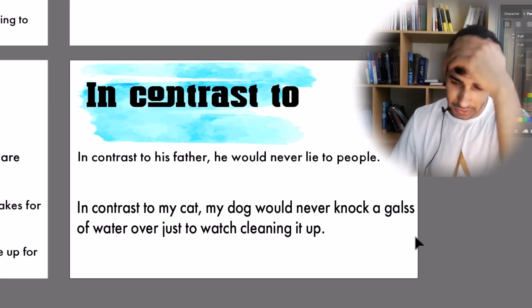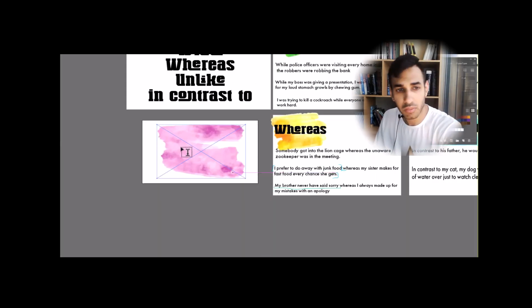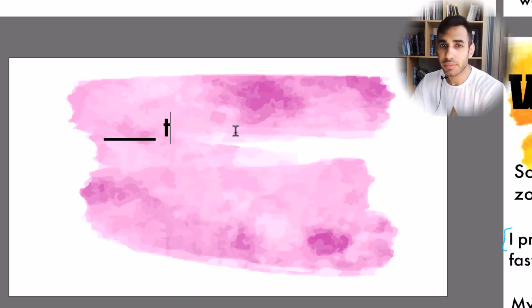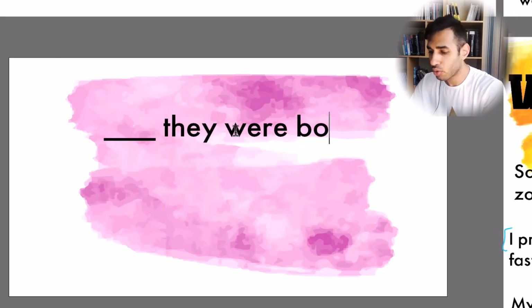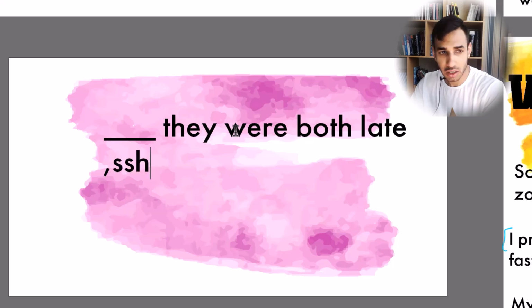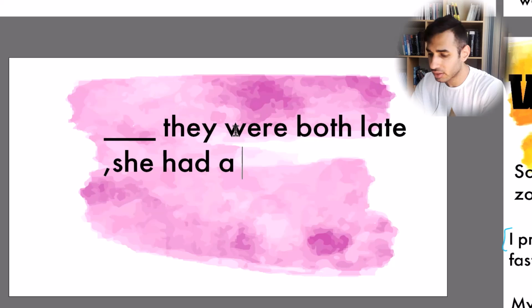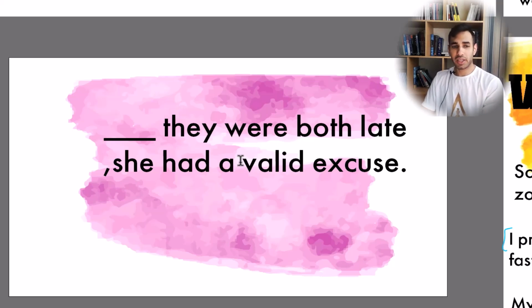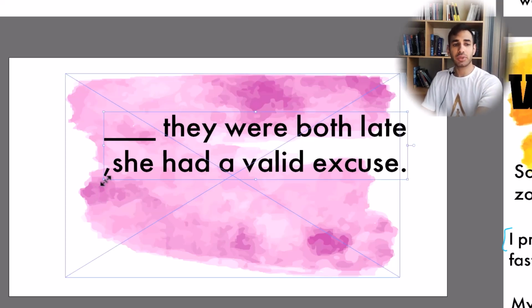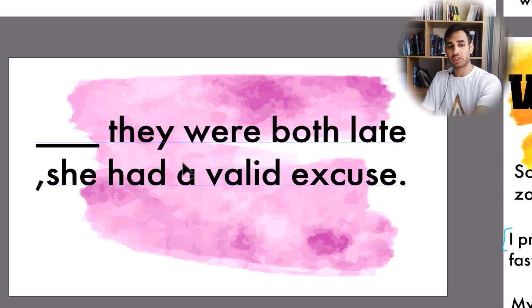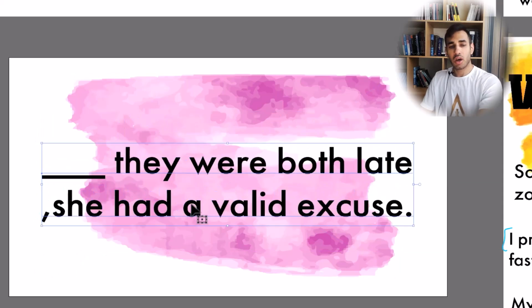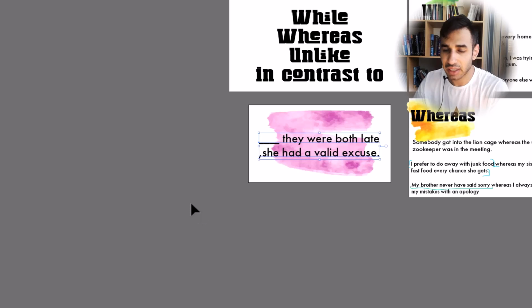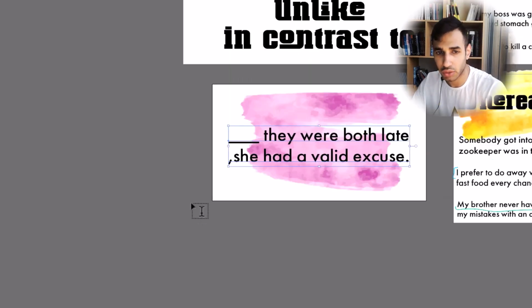In contrast to blank, they were both late, she had a valid excuse. I want you to fill in the blank using the prepositions, conjunctions, or expressions that we learned in this video showing contrast.